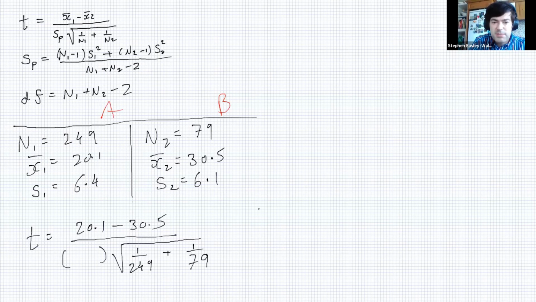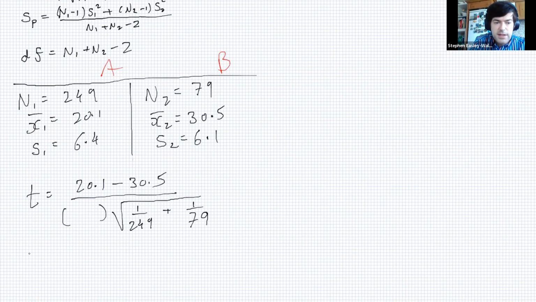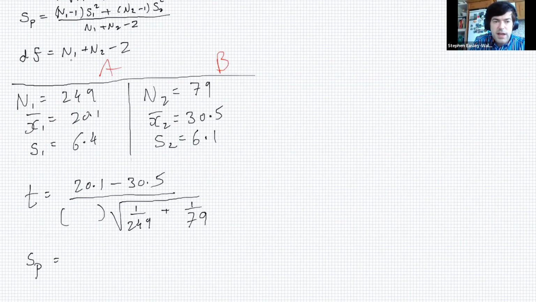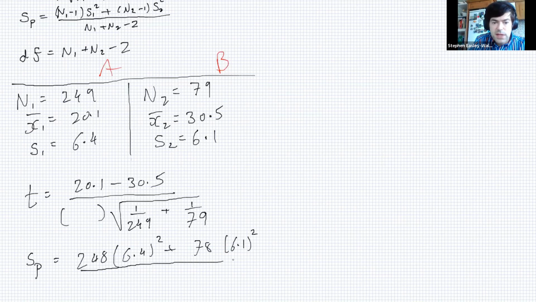And then we'll put the SP on the side here: N1 minus 1, that's 248, times S1 squared, 6.4 squared, plus N2 minus 1, that's 78, times S2 squared, 6.1 squared, all over N1 plus N2 minus 2.